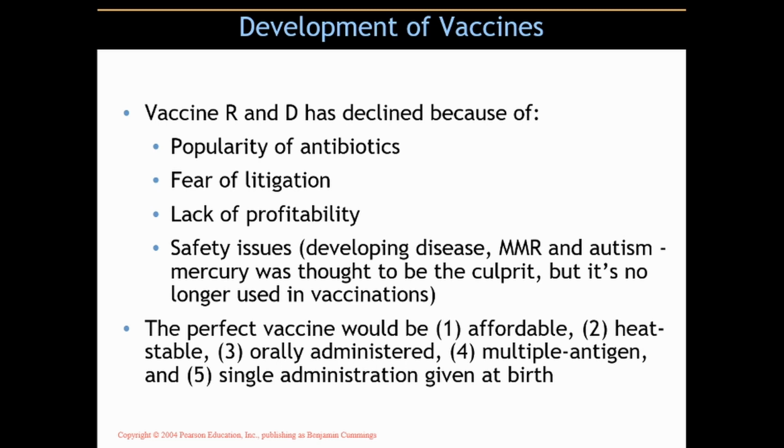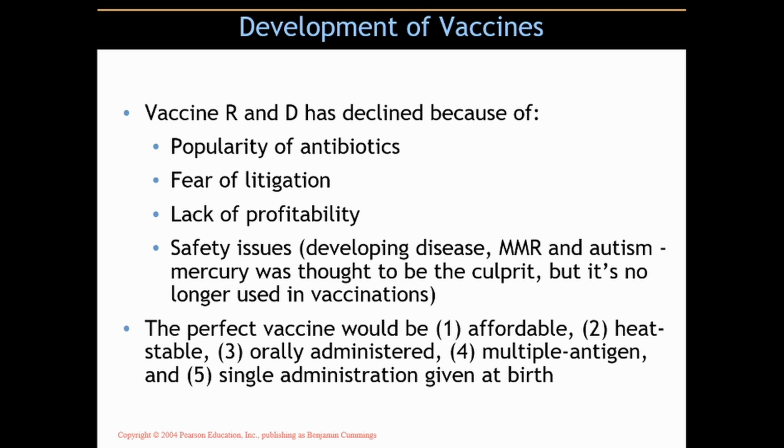Lack of profitability. Again, the pharmaceutical companies are looking at the bottom line, how much money can be generated from the production of these drugs. Vaccines just don't generate a huge amount of profitability. The amount of money that goes into developing a vaccine is astronomical.